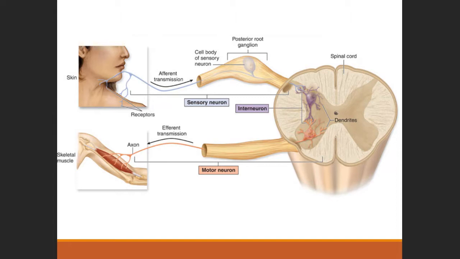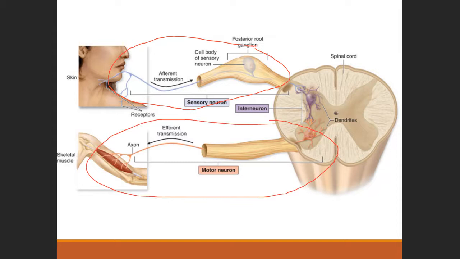Now, a reflex arc can generally be 2 or 3 neurons long. The 3 neuron ones are going to be the most common, and those will be the ones we'll be talking about. So they involve a sensory neuron, a motor neuron, and a little short interneuron connecting the two.